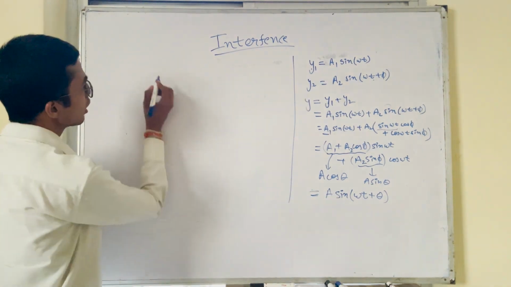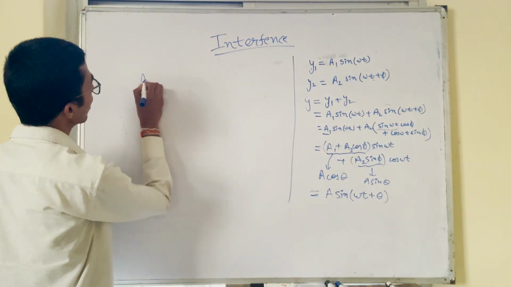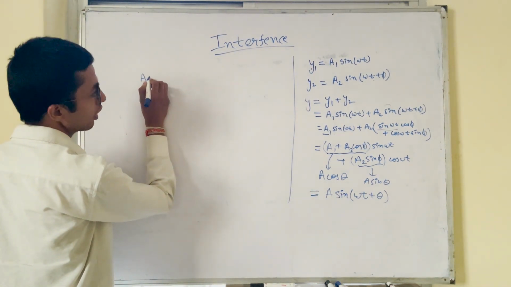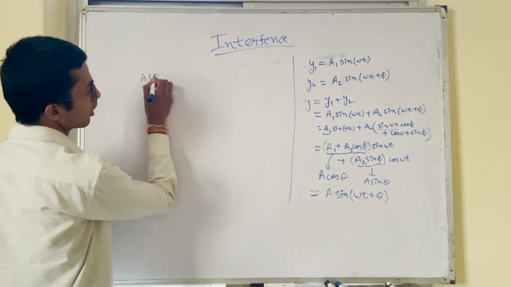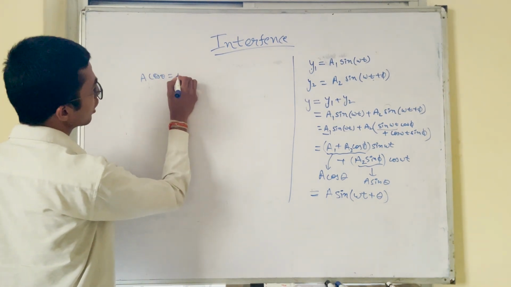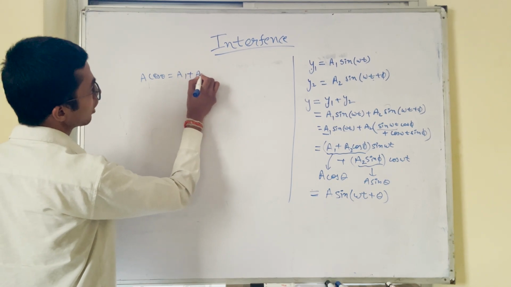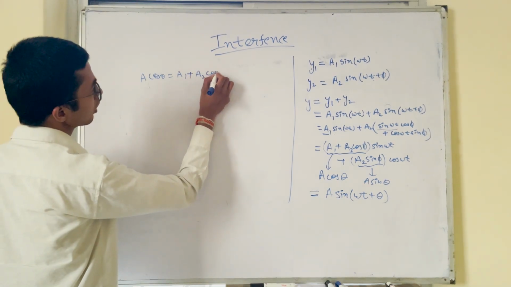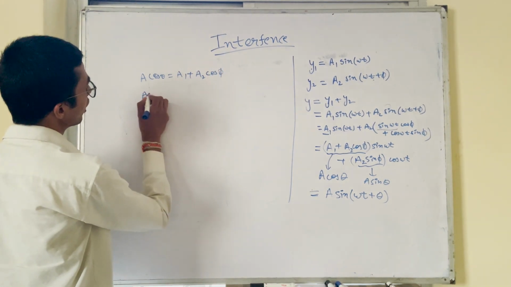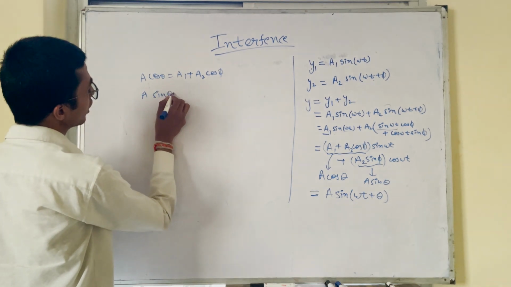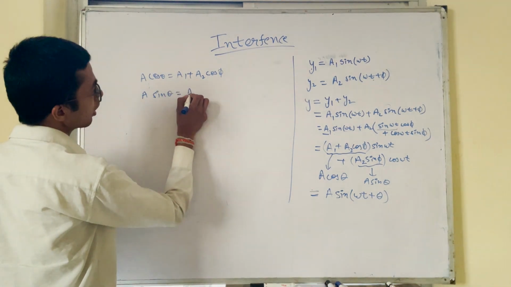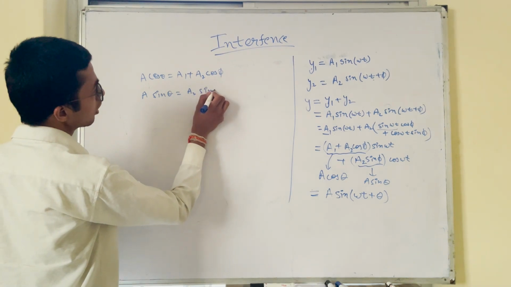As we have written, A cos theta is a1 plus a2 cos phi and A sin theta is a2 sin phi.